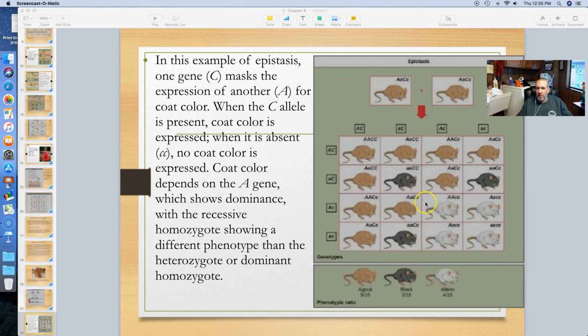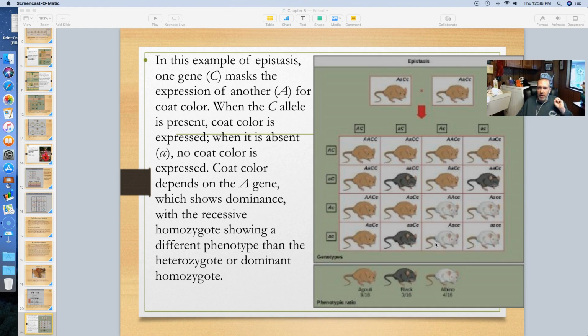Again, notice whenever there's a dominant allele present, you have one characteristic, but when you get the gene C present, it can actually mask the expression of A, and so rather than having a certain coat color, this one called agouti, however you want to pronounce that, it masks that color and just allows the individual to be an albino.